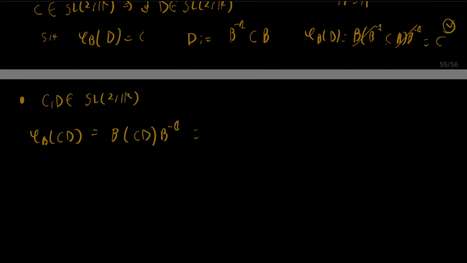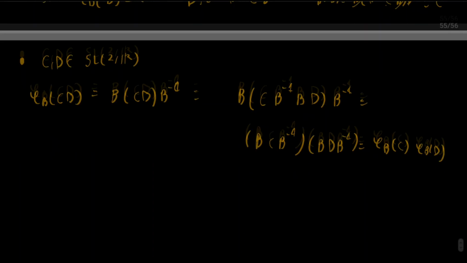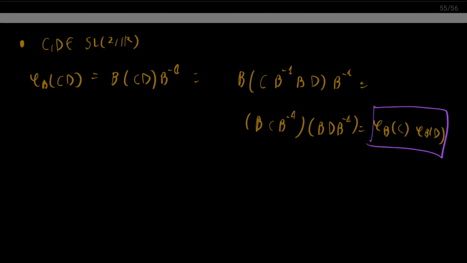But what if we sandwich inside, between C and D, B to the minus 1 and then B again, and then using associativity and algebraic properties of matrices, we get B times C times B to the minus 1 times B times D times B to the minus 1, which is just phi of B of C times phi of B of D. Comparing the right and the left hand side of these equations completes our proof of this mini fact.